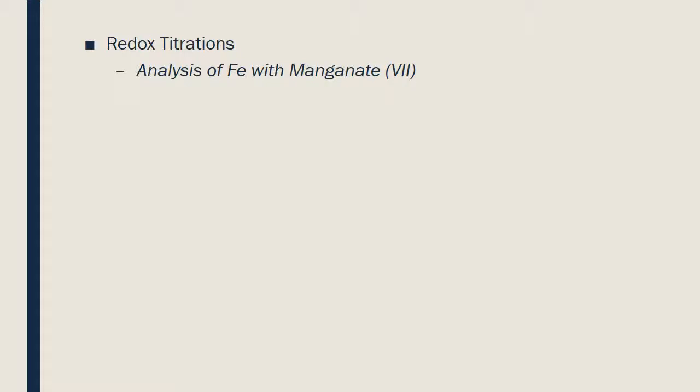What do we know? We know we're working with a 2-gram tablet that has some iron in it. We know that we use 27.5 cm3 of 0.100 mol dm-3 KMnO4.